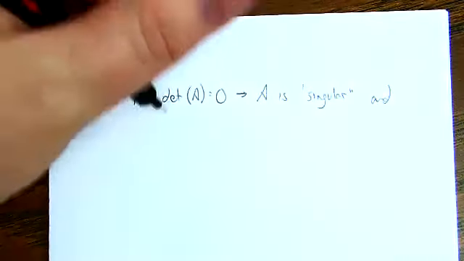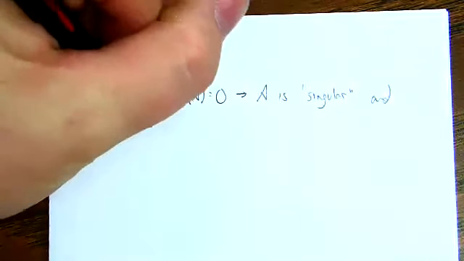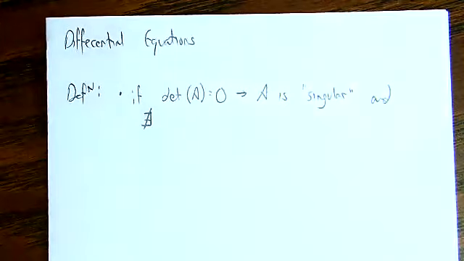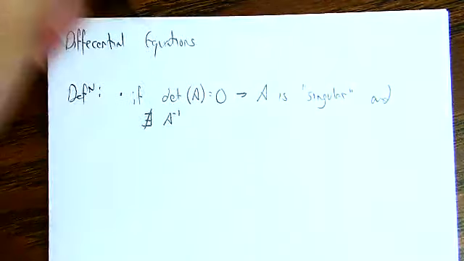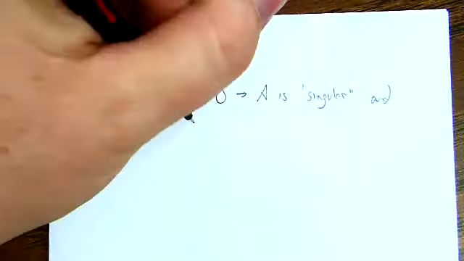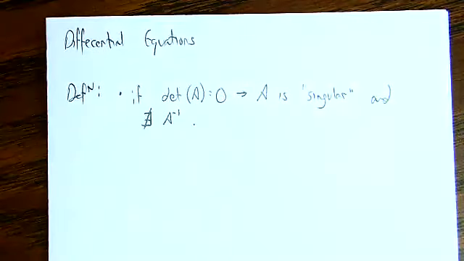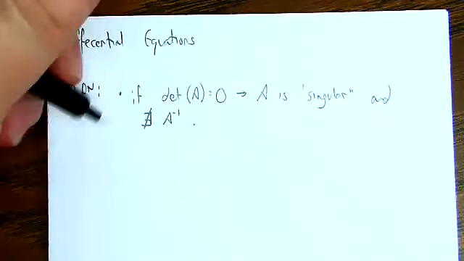And what that means is there does not exist an A inverse. And if the determinant is not equal to 0, then there is an A inverse.